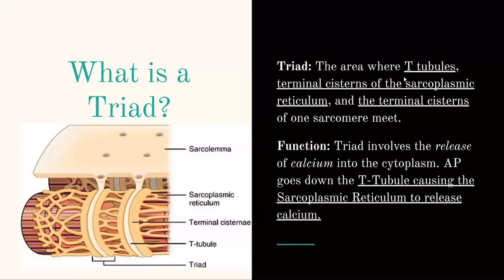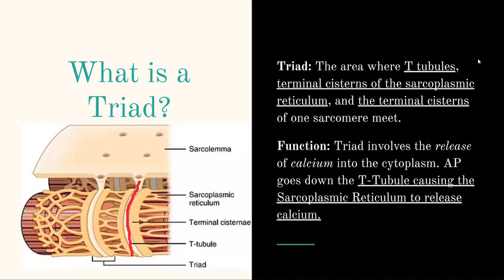So the triad, the professor has mentioned this a couple of times in class, consists of the sarcoplasmic reticulum. It has these terminal cisterns, or cisternae for plural, and that's where the calcium is released, and the T-tubule, you see right here, going down.